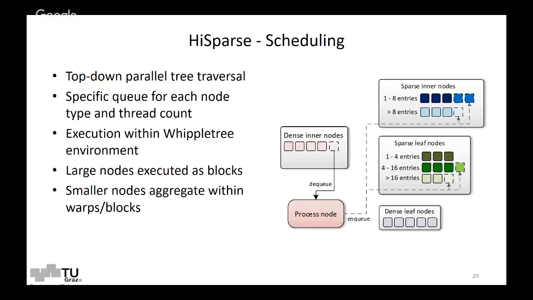Now start the scheduling with so many threads. And then we will dynamically put new elements into these queues by handing it over to the scheduler, and the scheduler will then execute for us. So that's the overall idea. And the good thing is we also have this work aggregation into memory within the queues, so we will also start a sufficient number of threads together for efficient execution to avoid thread divergence.